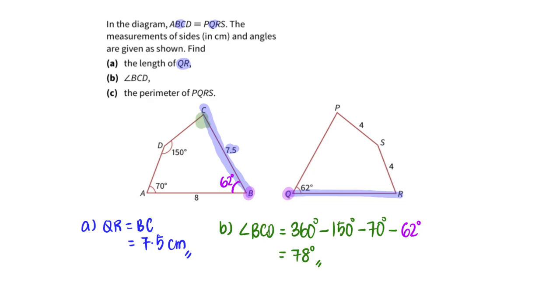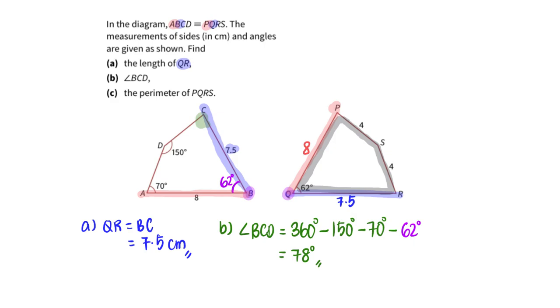Finally, the perimeter of PQRS. So again, I do need to look at my corresponding sides, and I see that AB and PQ, they are corresponding. So this will be 8. And previously, I already found that this is 7.5. And so, to find the perimeter of PQRS, which is this, I would simply need to just add up all the sides.